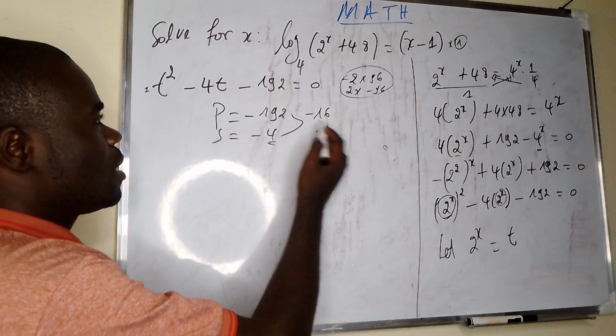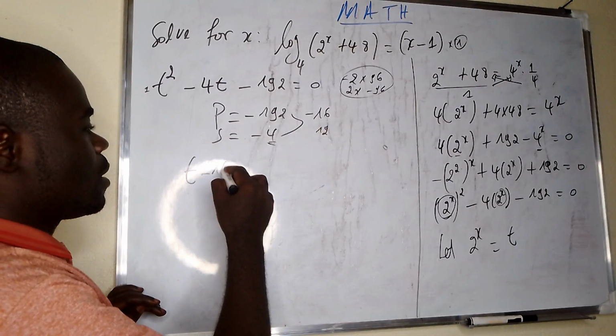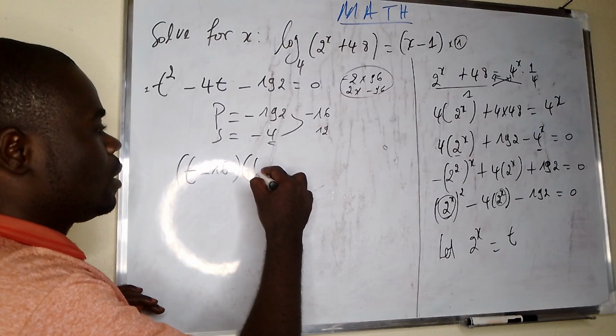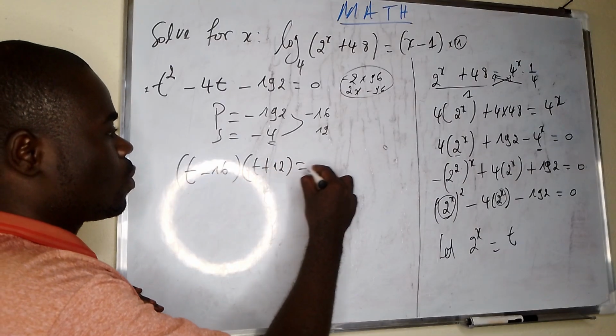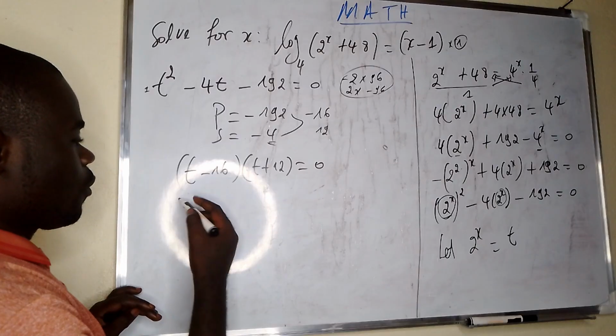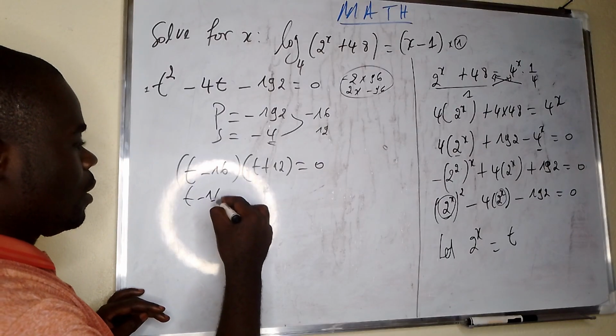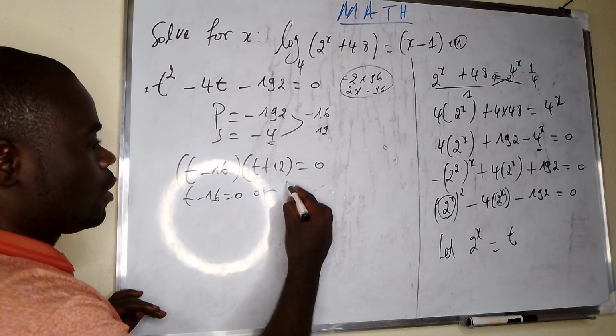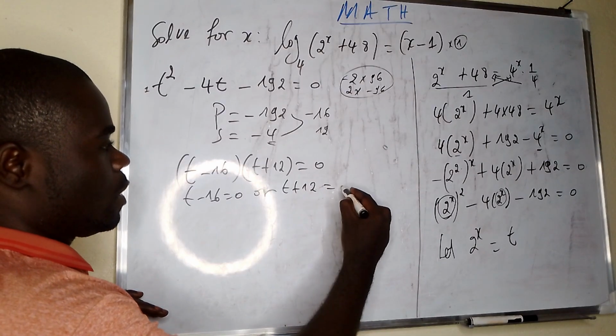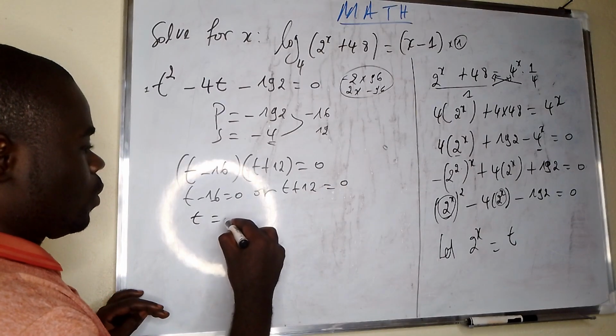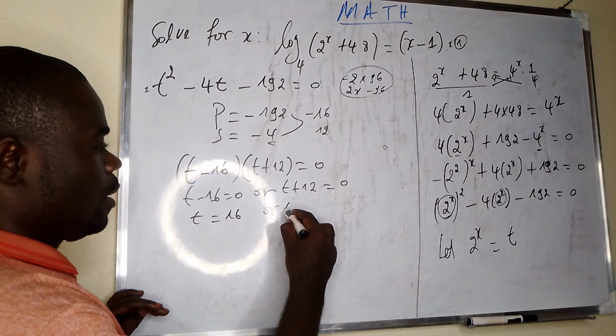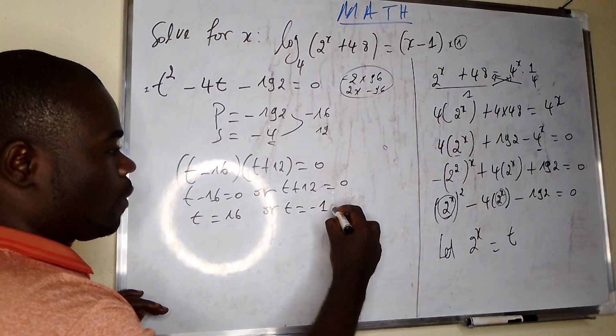Then it means that we have t minus 16 and t plus 12, which is equal to 0. We solve one by one: t minus 16 is equal to 0, or t plus 12 is equal to 0. So t is equal to 16, or t is equal to negative 12.